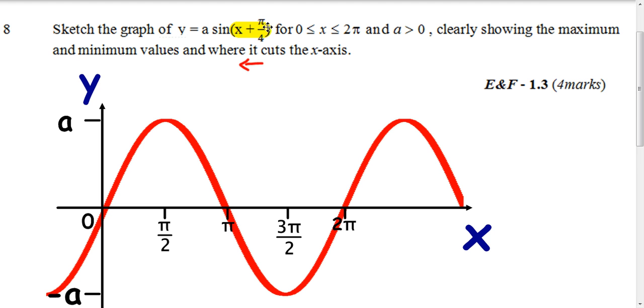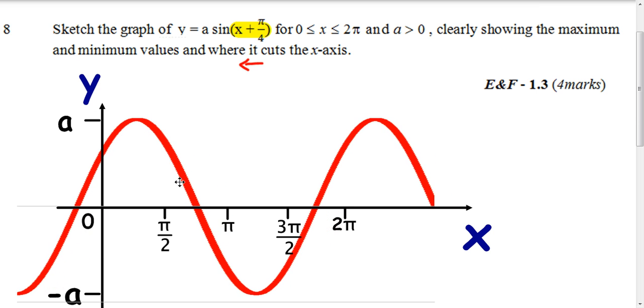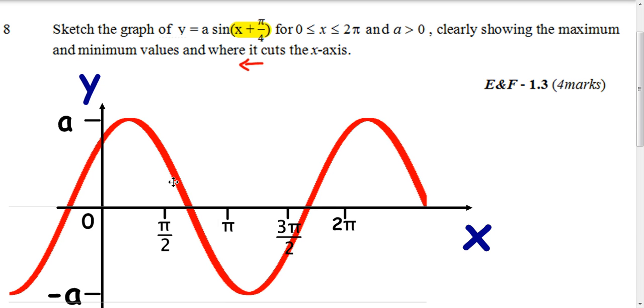Pi over 4 is 180 divided by 4, which is 45 degrees. Or if you've got it like this, you can think a quarter pi is just here. So we basically have to shift the graph back by a quarter pi or 45 degrees. That would be somewhere like that. Now you don't need to continue the graph down here, this is just the way I've got it, and you don't need to continue it after 2 pi along here.